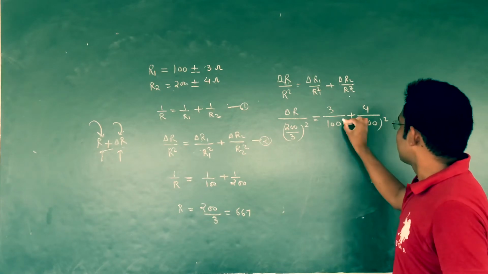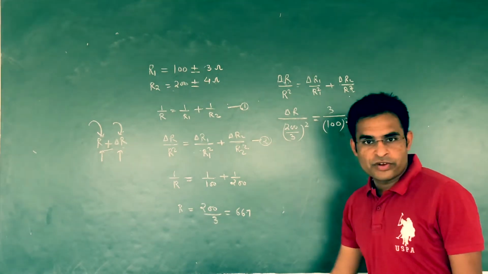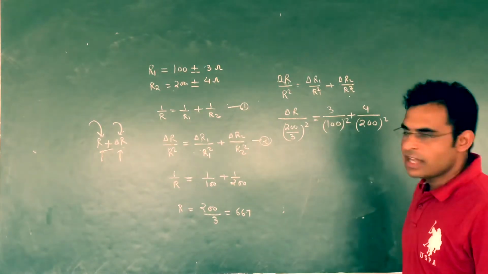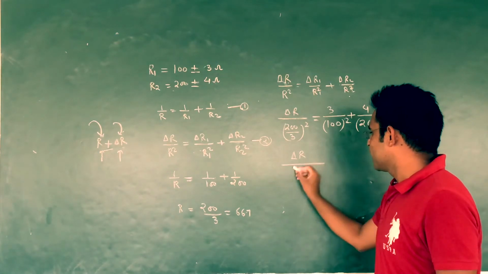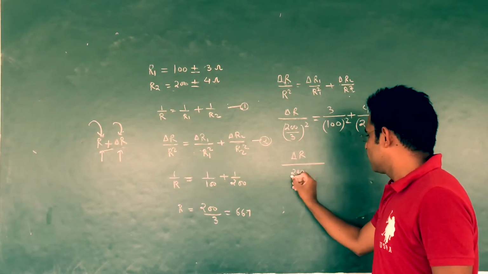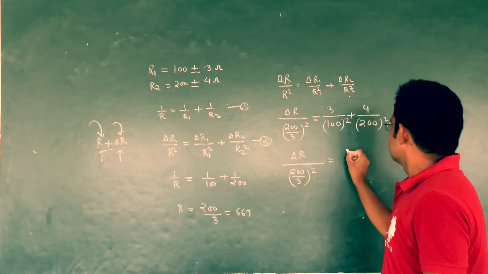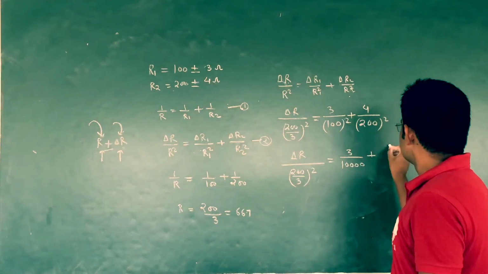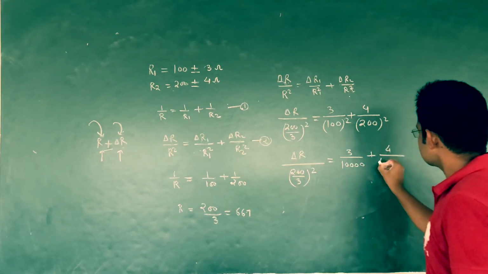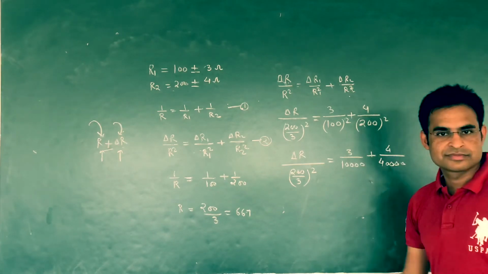And obviously there is a square, and downside there is a square. So from using this equation, I can find out delta R. I'll calculate it a little bit more. So this one, what can I write? 200 by 3 squared, and this will become 3 divided by 10,000 plus 4 divided by 40,000.